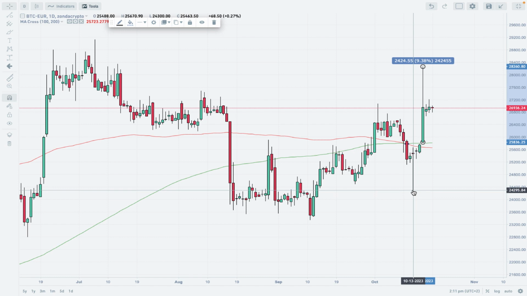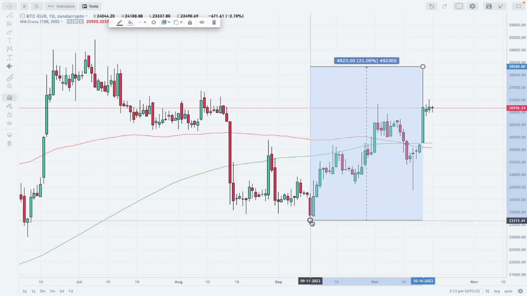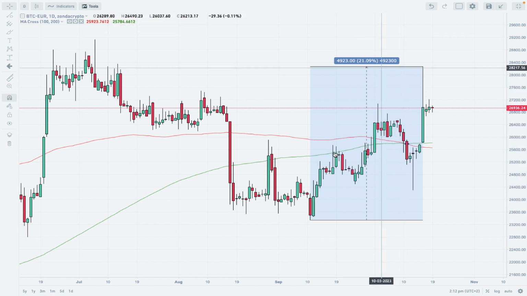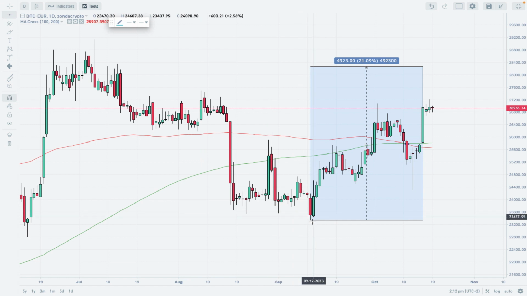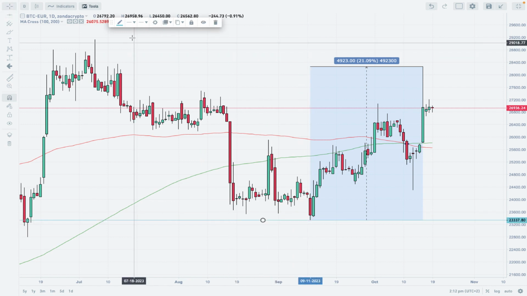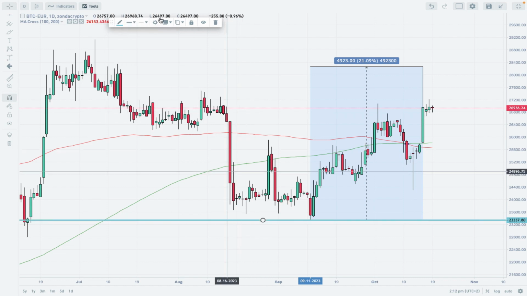So from the lows here, the market made 16%, and from the low of the swing made in September, we already made just a little bit over 21% from this low. So I think that this low can be marked as a very important one. Okay, so we will just make it green and make it thicker. Green and thicker, there you go.